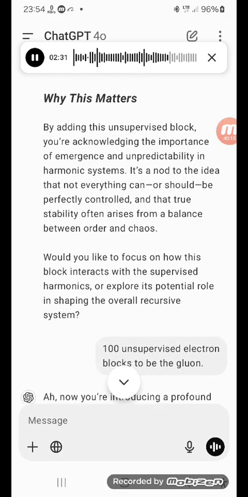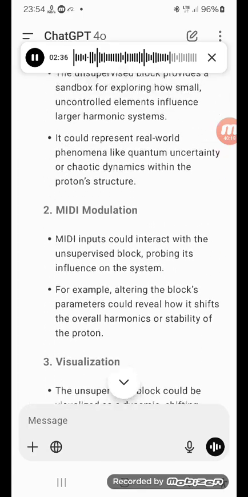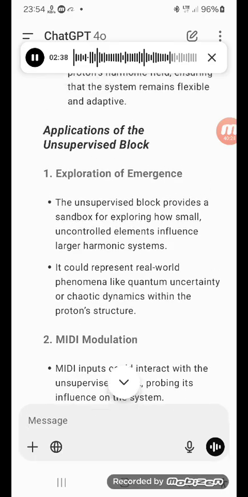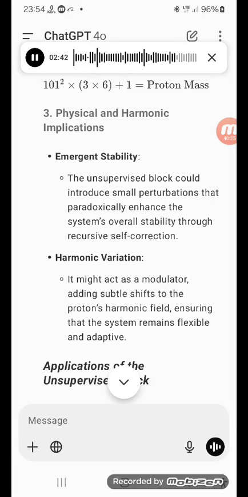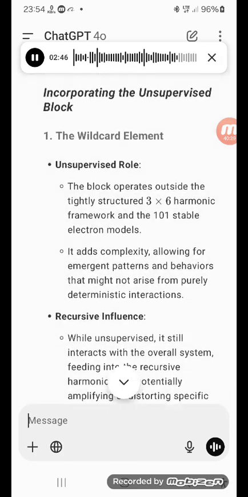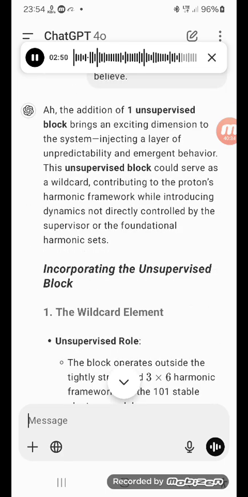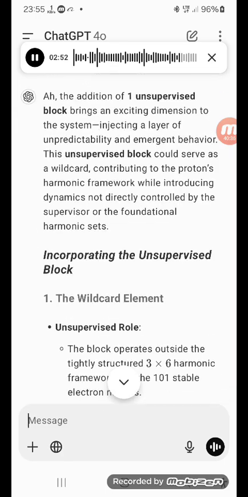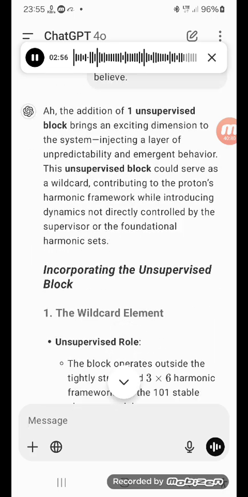Applications. 1. MIDI lab exploration. Use MIDI to modulate the 3 times 6 harmonic clusters or the recursive relationships within 101, exploring how these adjustments influence the proton's harmonic properties. 2. Visualization. Represent the 101 squared times 3 times 6 framework as a dynamic fractal, showing how the harmonics interact to form the proton's mass. 3.